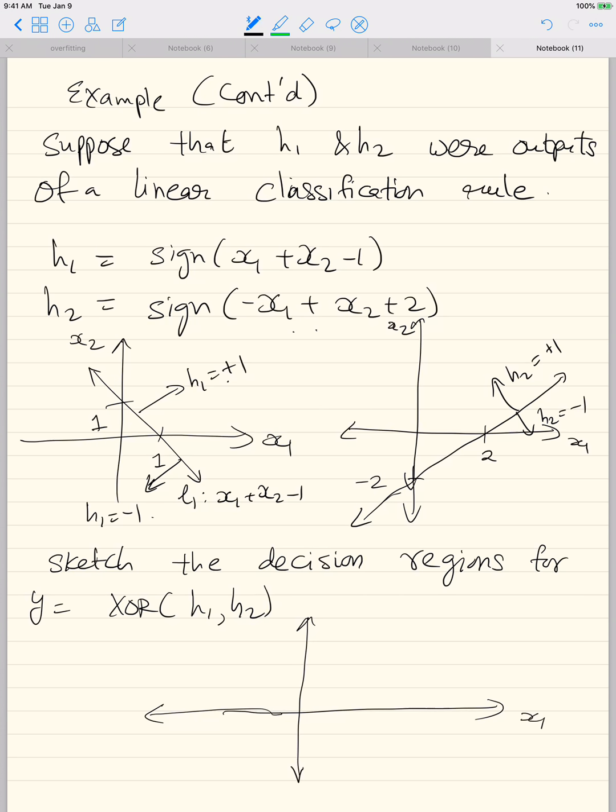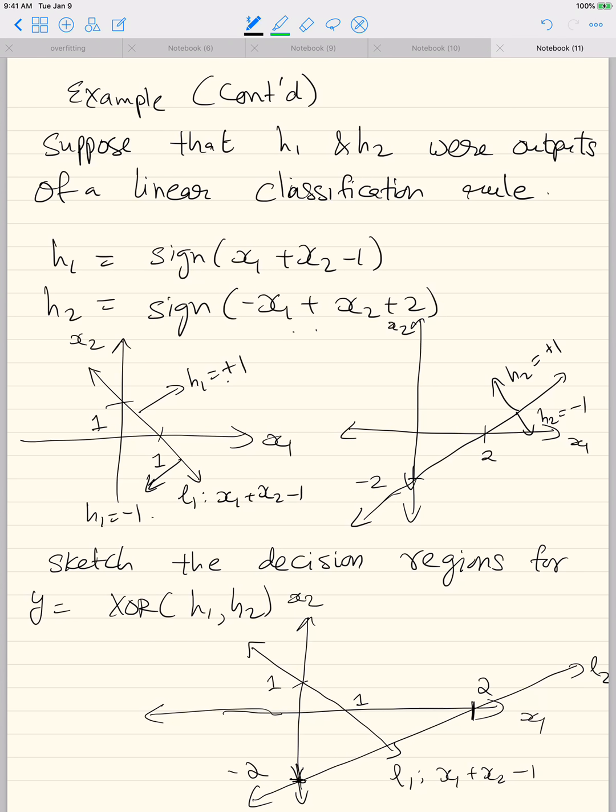So this will be the x1, x2 axis. This is one line, and this is the second line. This coordinate is 2, this coordinate is minus 2, these are 1.